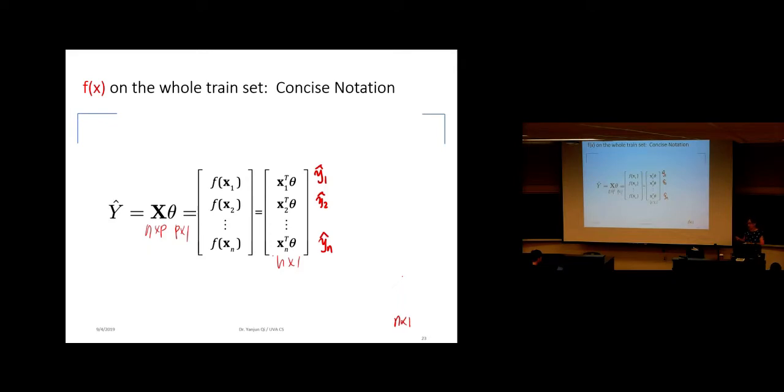This can be concisely represented as the whole data matrix times the theta vector.